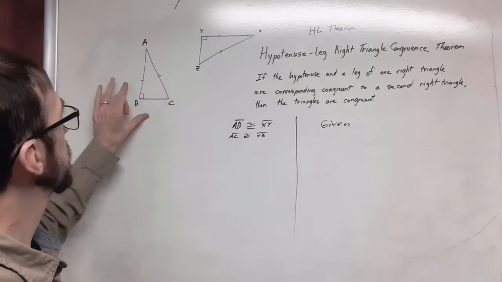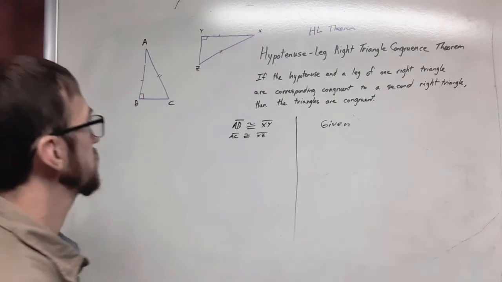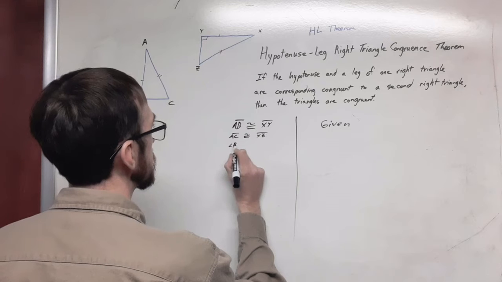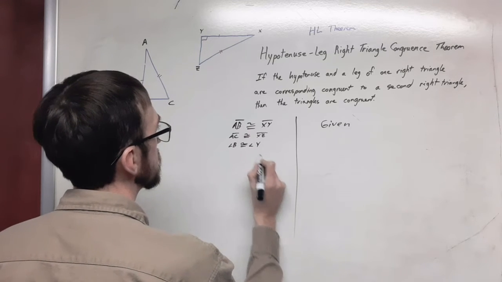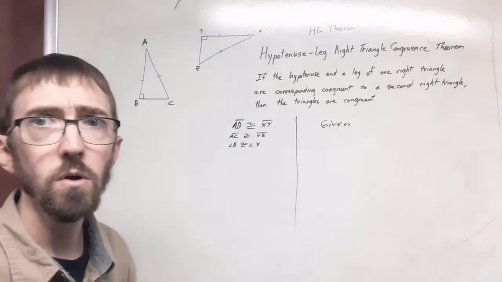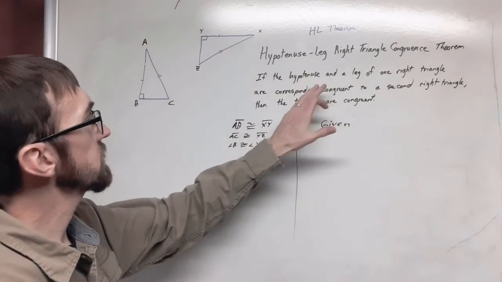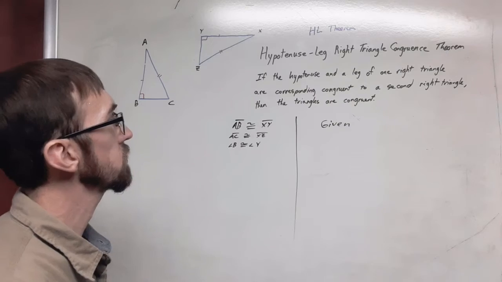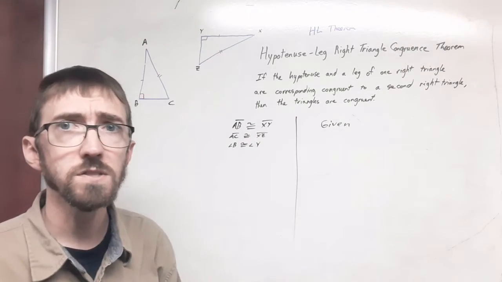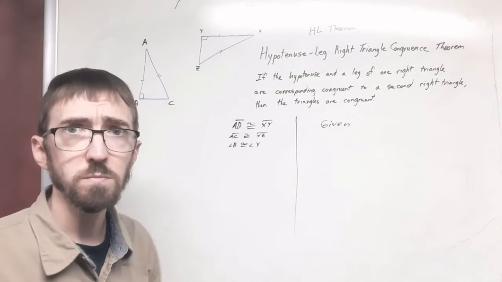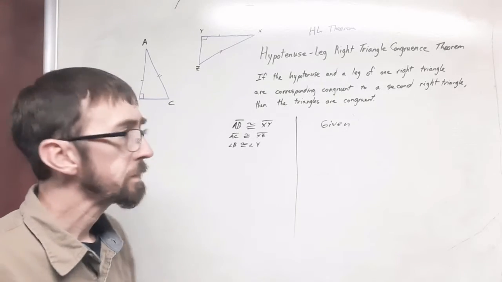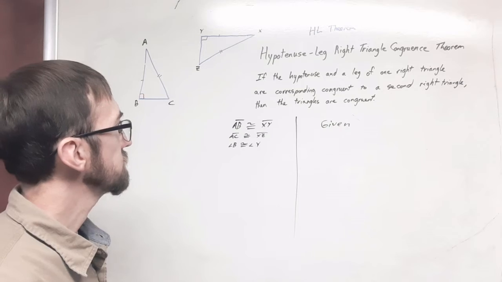And we also know that angle B and angle Y are going to be congruent. So those are all our givens. This statement here talks about corresponding congruent parts, and so these are our congruences with corresponding pieces or parts. So now what can we do?